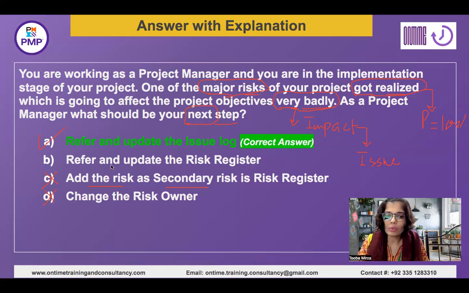Now coming to the confusion part, update the risk register. For your information, for this question, the majority actually has selected B. Refer and update the risk register. I am not in disagreement of updating the risk register when our risk is realized, or it has occurred already.